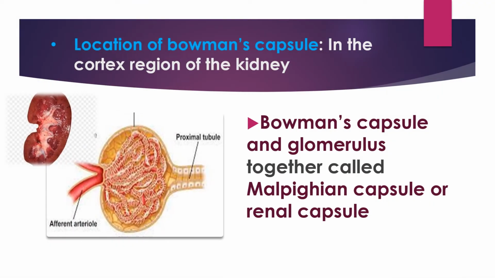The next point about Bowman's capsule is its location. Where is it located? It is located in the cortex region of the kidney. Here you can see the cortex region.